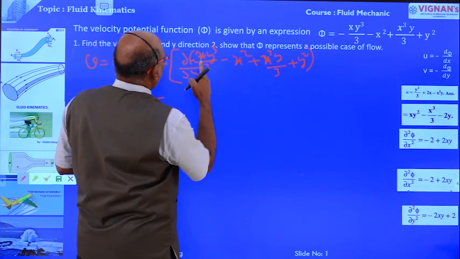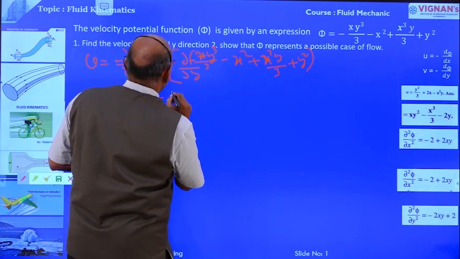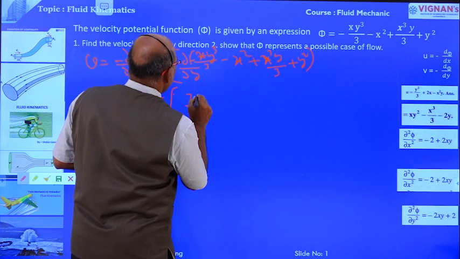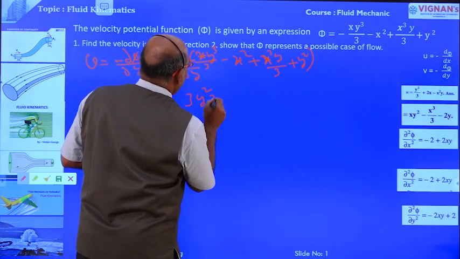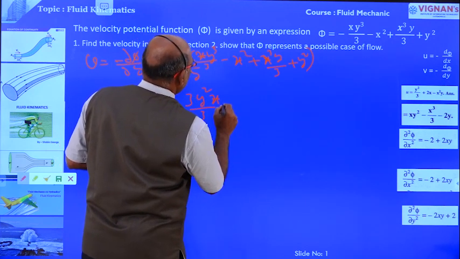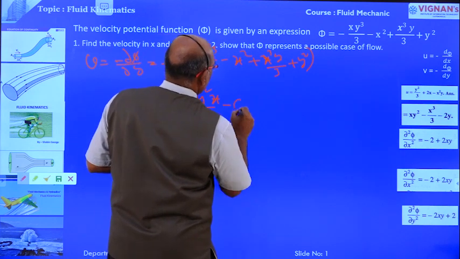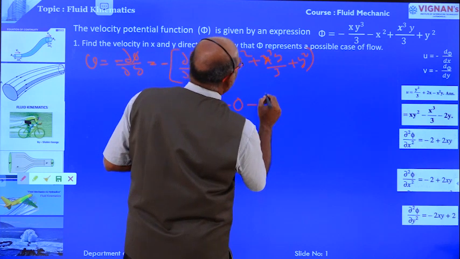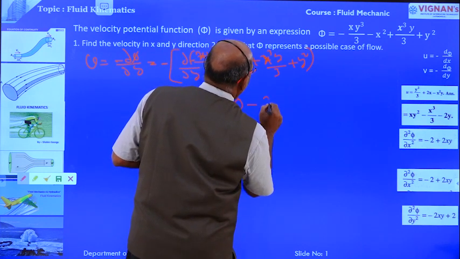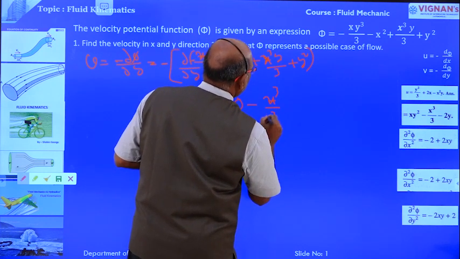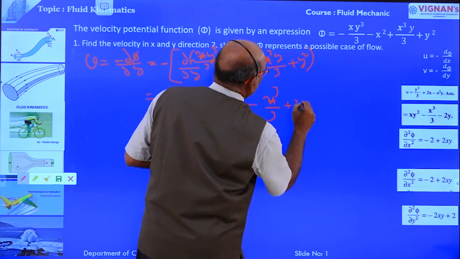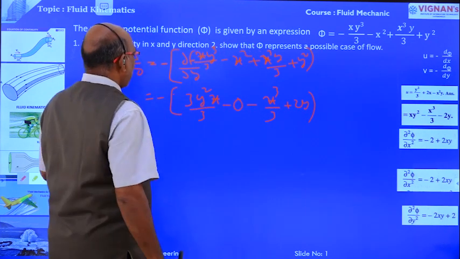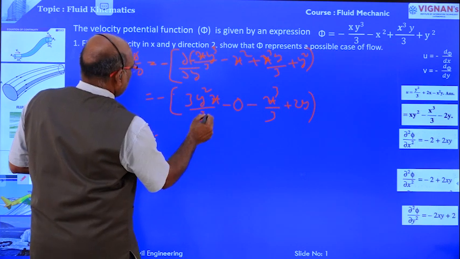Differentiate with respect to y. This is equal to 3y square x by 3 minus 0. Differentiate with respect to y, 0. Then this is x cube by 3 plus 2y. Okay, then 3 cancel.